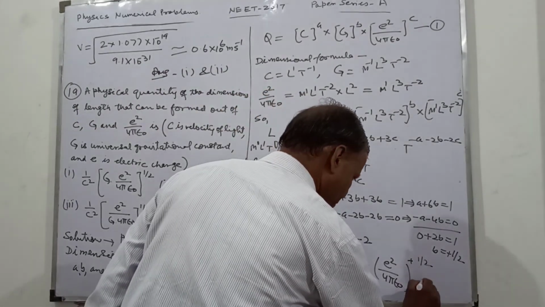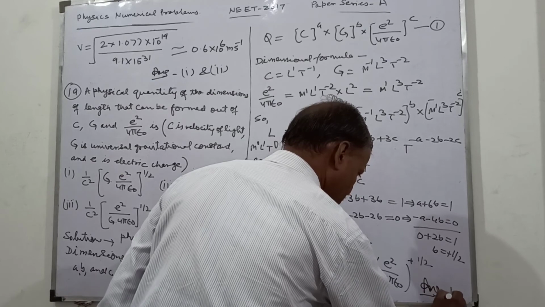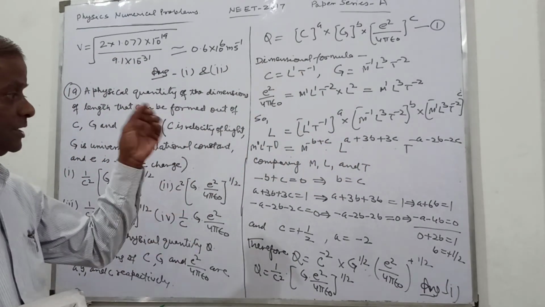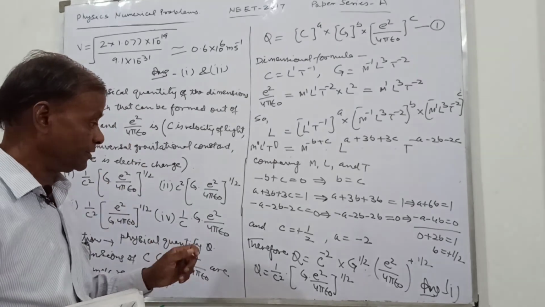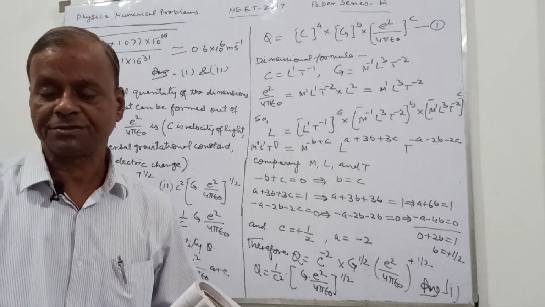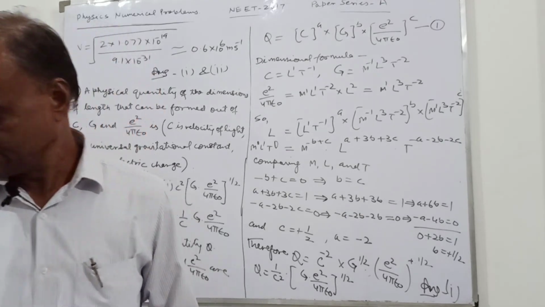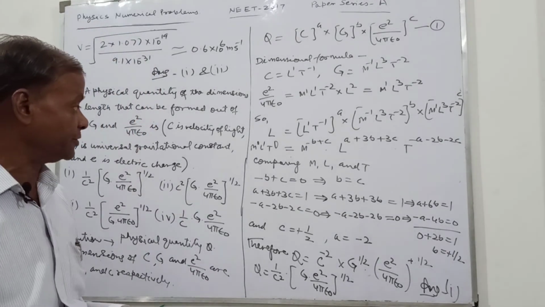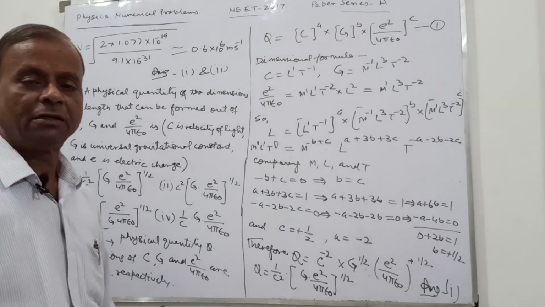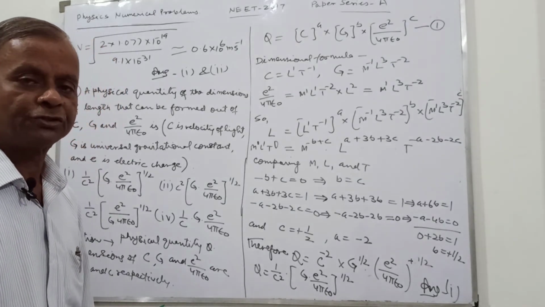So our answer is first. So this is the use of dimensions. By that you can find the right relation if you know the dimensional analysis, and you must be familiar with this one. So this is question number 19. Now the question number 20.